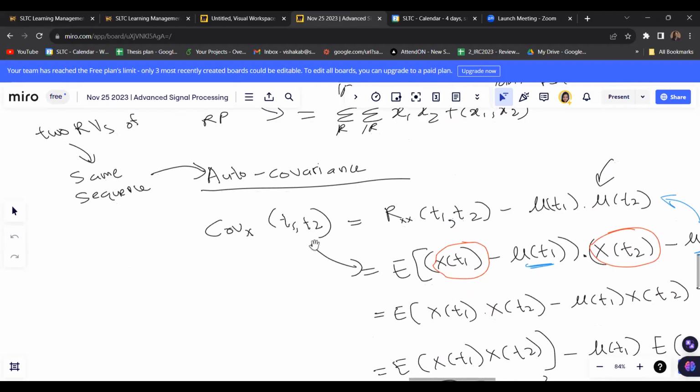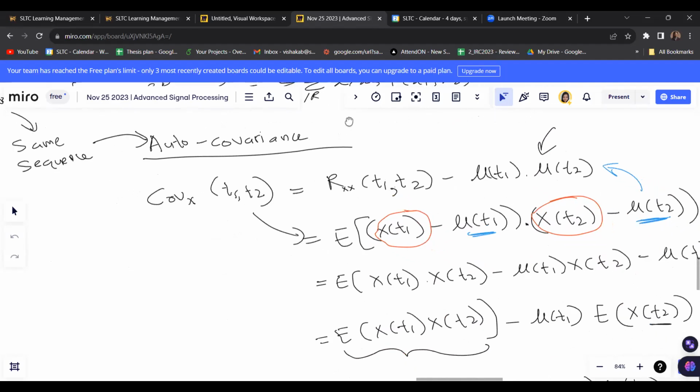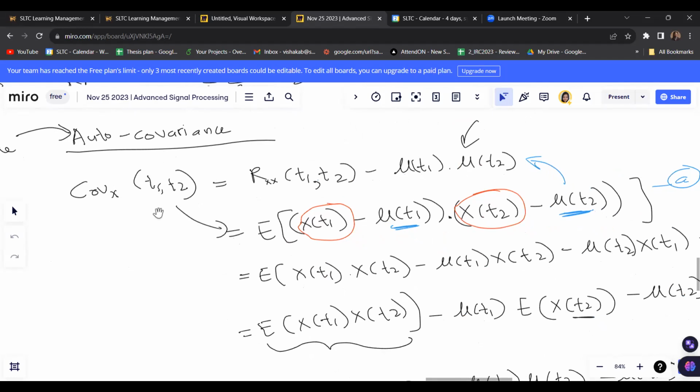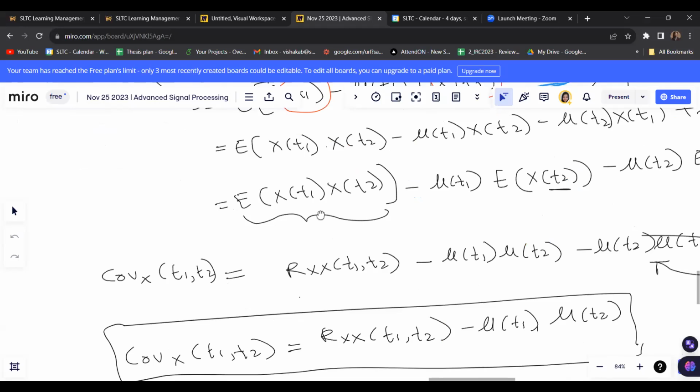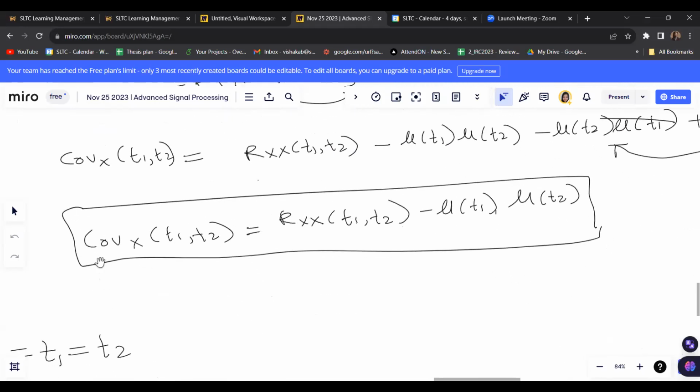For two random variables at T1 and T2, the covariance, or autocovariance, is equal to the autocorrelation between those T1, T2 time instances minus the product of the mean value at the T1 time instance and the T2 time instance.